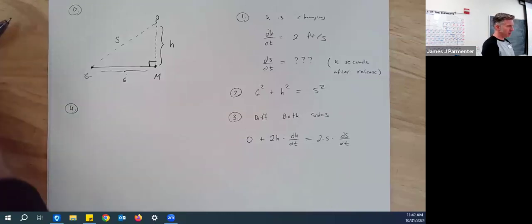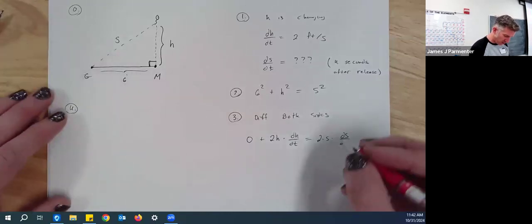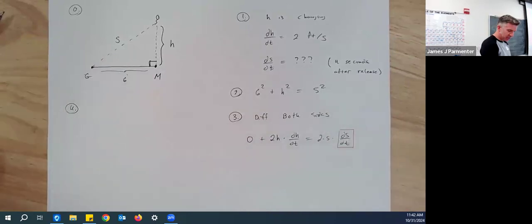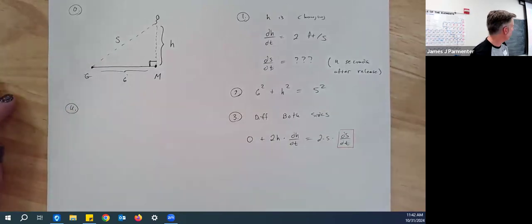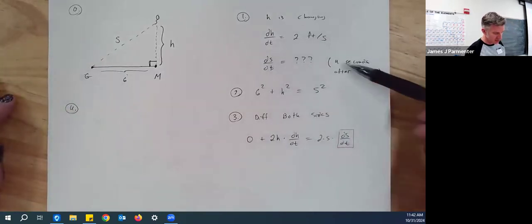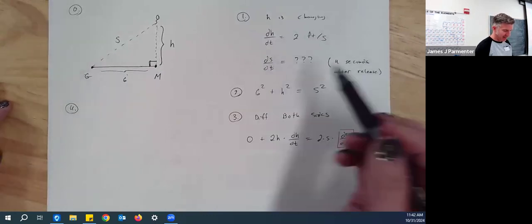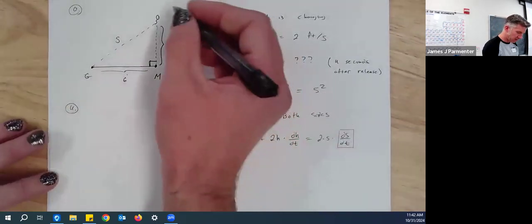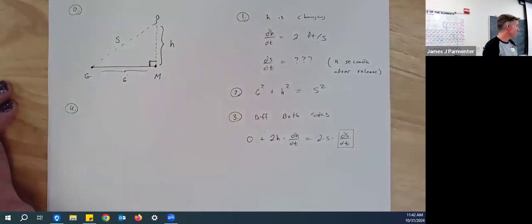So we should be able to plug in for everything except for the one thing we're trying to find. So we should be able to plug in for h. Well, we're trying to find out what all this is equal to 4 seconds after release, and the height is increasing at 2 feet per second. How high are we? Yes.